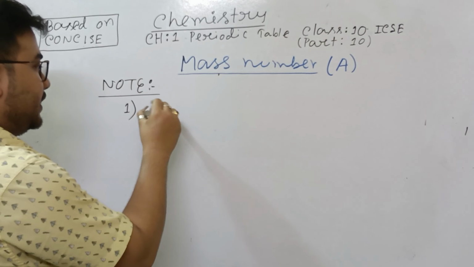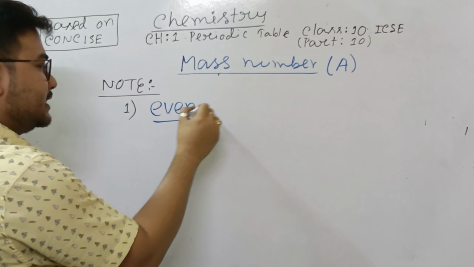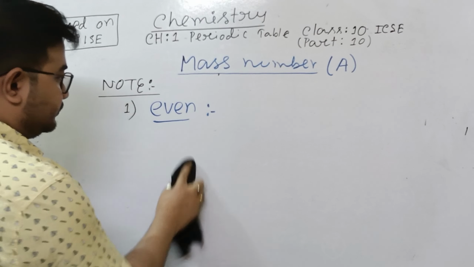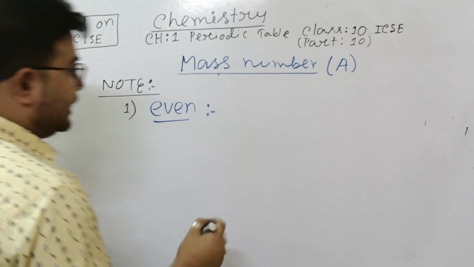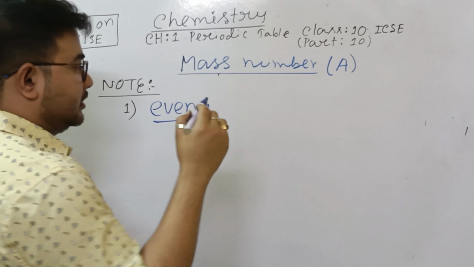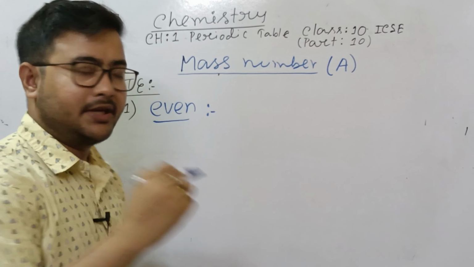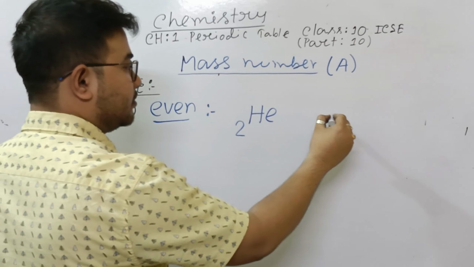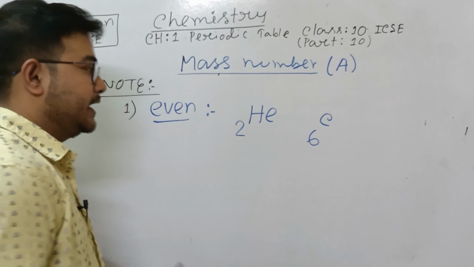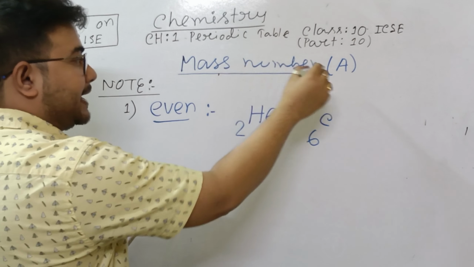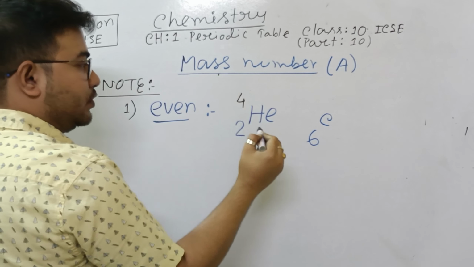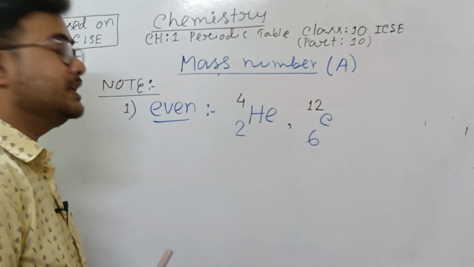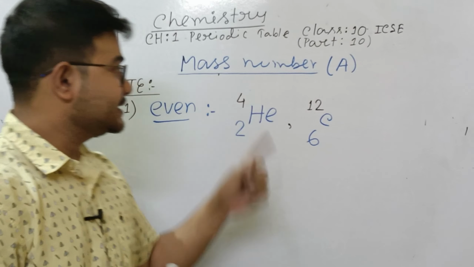First I will discuss the even number, then the odd number. An example of an atom having an even number of protons: helium 2, carbon 6, and their mass numbers are 4 and 12. From these two examples, can you derive any formula for mass number?